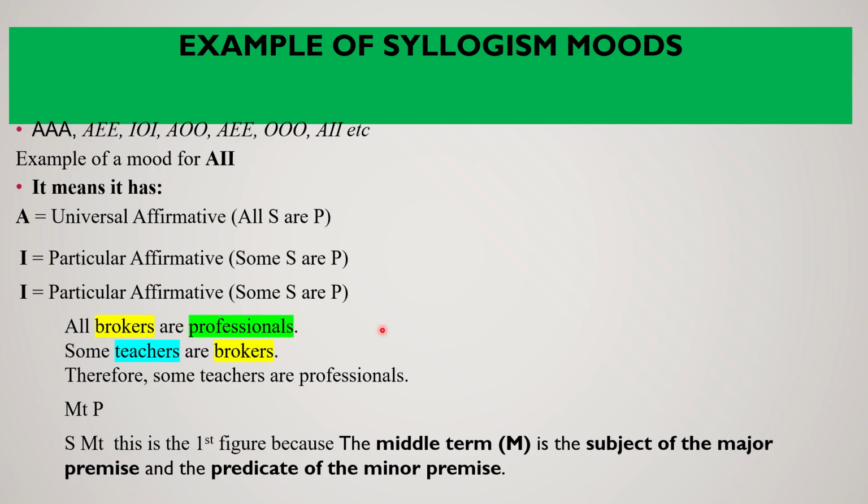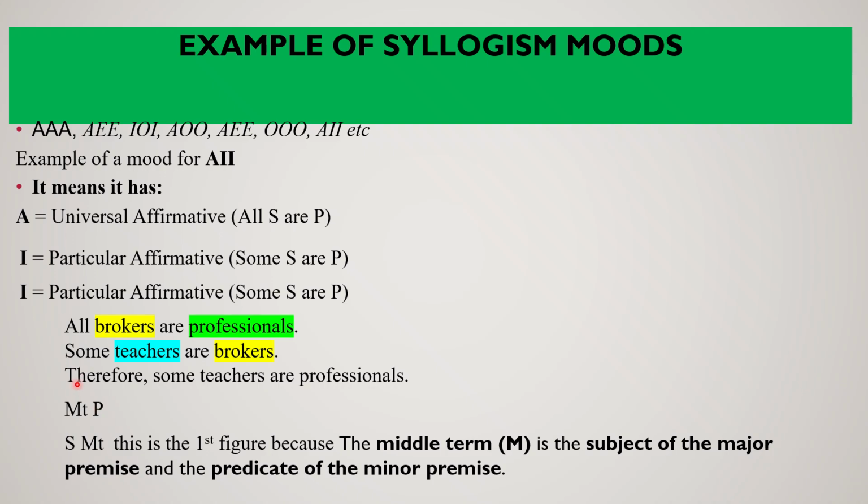But if you are asked about the figure, you need to go further to write which figure this is. The middle term is brokers, right? Because it is appearing twice. So here we have a case of middle term, predicate. Remember the predicate we talked about in the first episode. In the second premise, we have a subject and then the middle term. So we are having a middle term predicate.